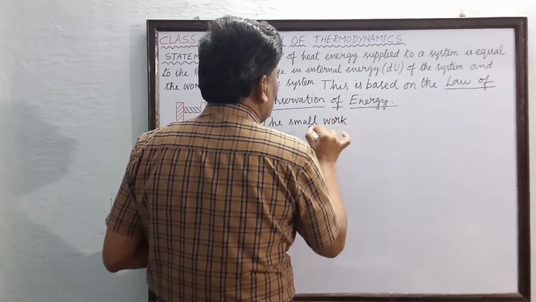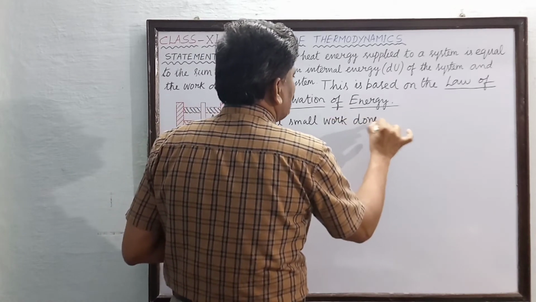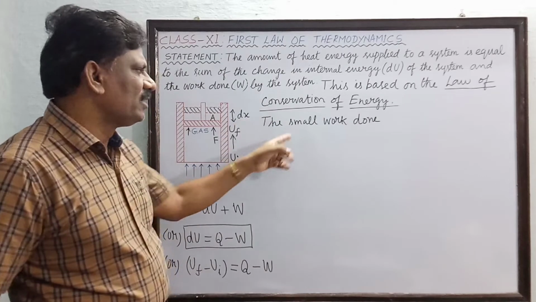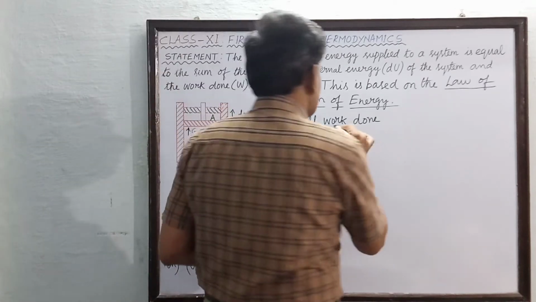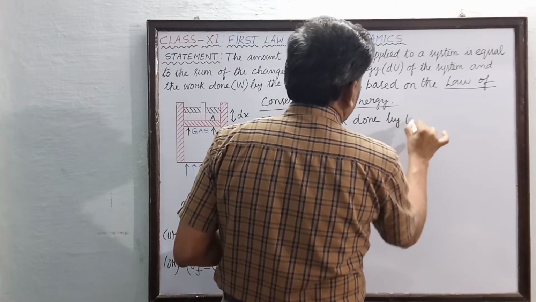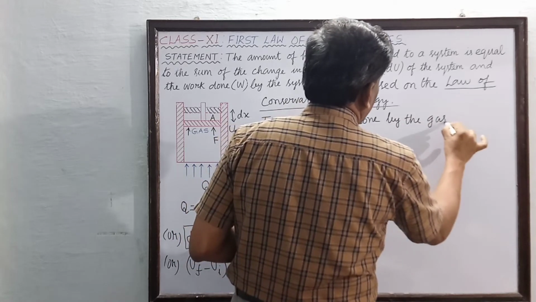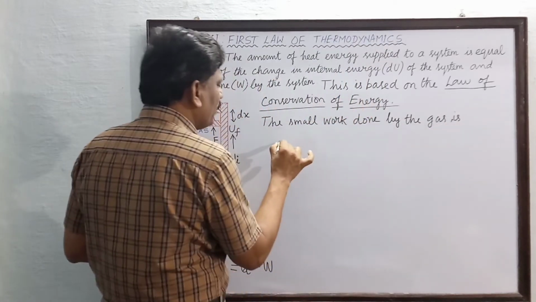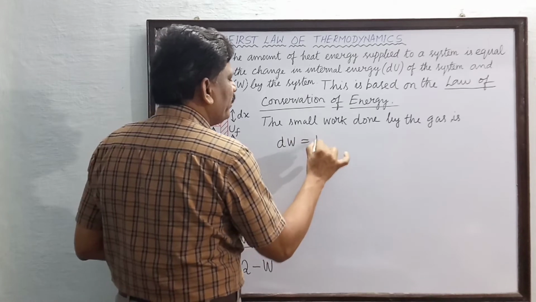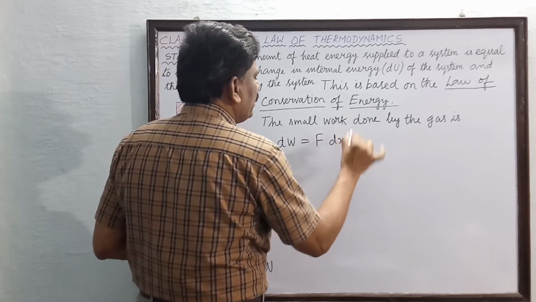What do you mean by the small work done? When the displacement dx is very small, the work done also is very small. So the small work done by the gas is given by dW, and dW is equal to F into dx.